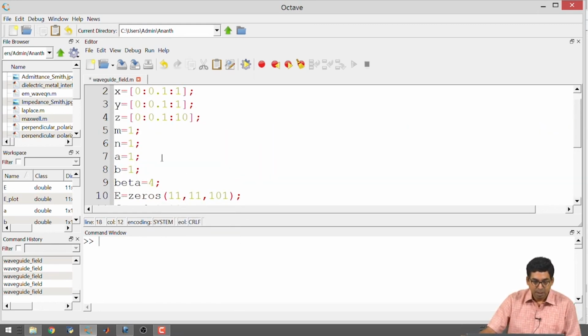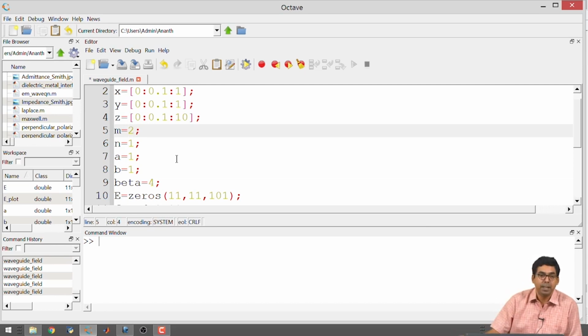Okay. What I will do is, I will take my m to be equal to 2, which would be making this TM21, right. Instead of TM11, it has become TM21, and I am plotting a slice only in the middle. That means, I do not know what is happening with the y axis, all right. I am going to draw this, all right.